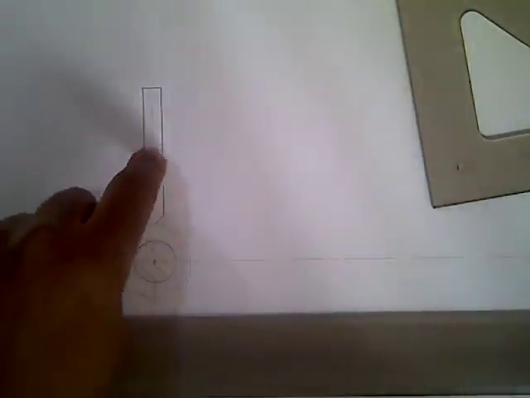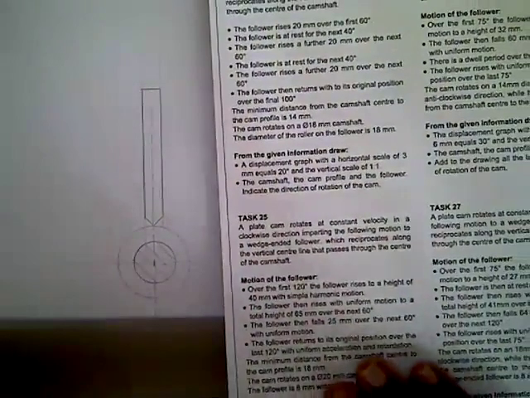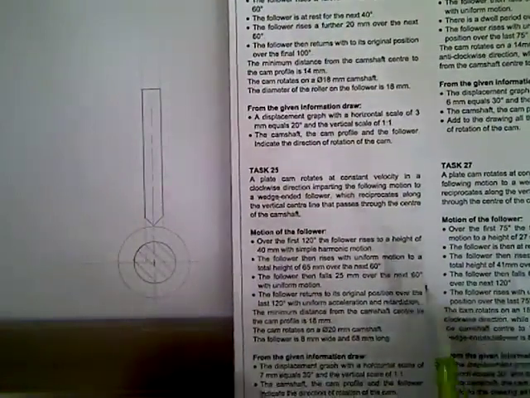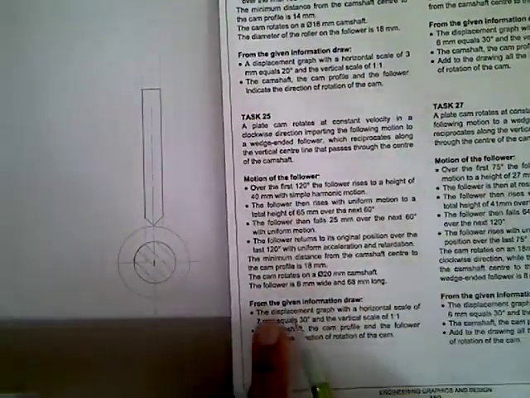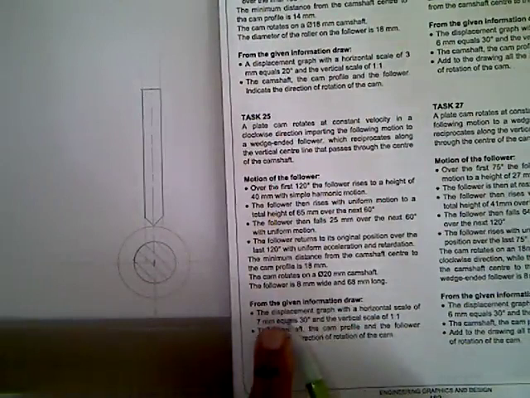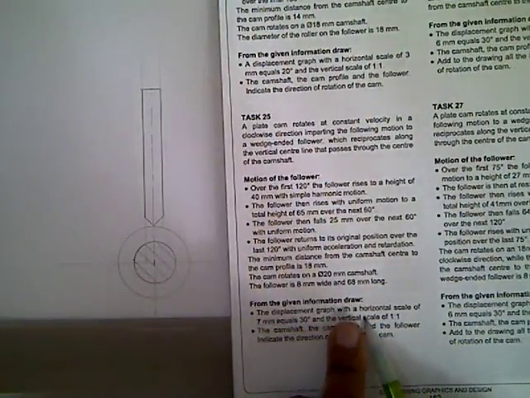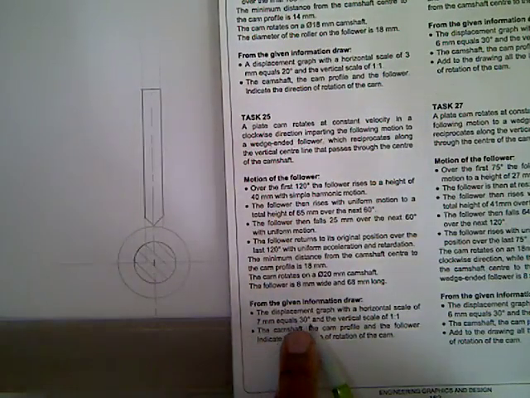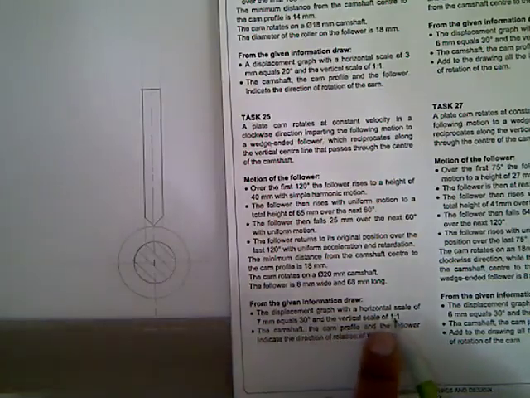So we have written our cam follower. Now we go to the motion. As you go to the motion, it tells us from this given information, draw the displacement graph with the horizontal scale of 7 millimeters equals 30 degrees, and the vertical scale of 1 to 1.